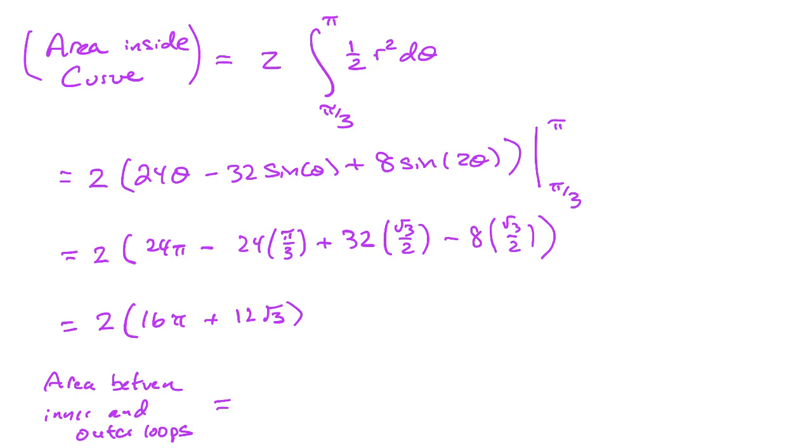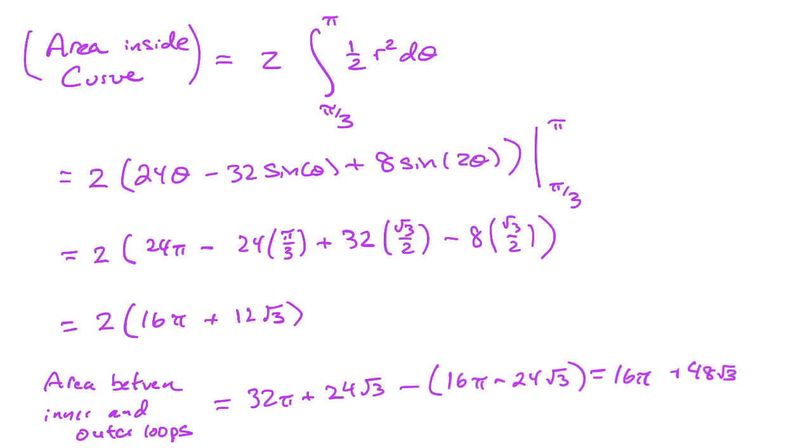So we have our 32 pi plus 24 root 3 minus the area of our inner loop, which was our 16 pi minus 24 root 3. And so this gives us an area of 16 pi plus 48 times the square root of 3.